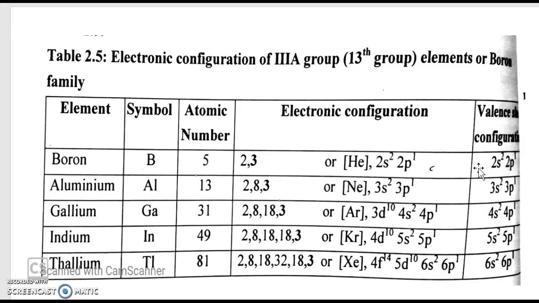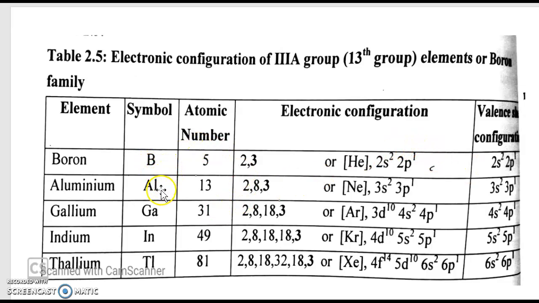Thus, on moving from boron to thallium, the stability of the plus 3 state decreases and that of the plus 1 state increases. Consequently, gallium shows plus 1 as moderately stable, whereas thallium in the plus 1 oxidation state is more stable.